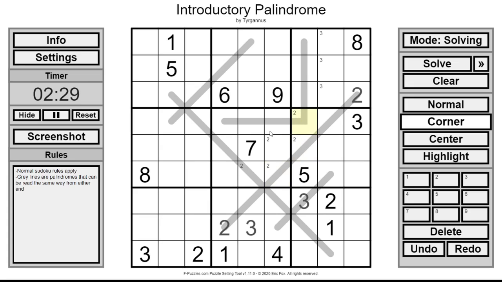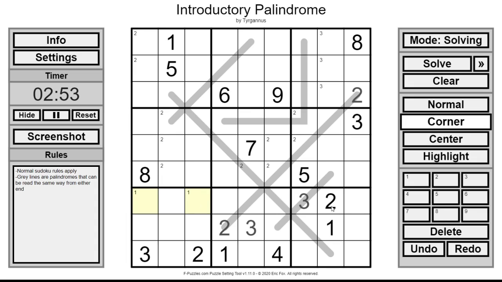This 2 is in the middle, so there's also no restriction. That 2 and that 2 give us that by Sudoku. All these are possible, so I'm not going to bother denoting that. The other repeating number is 1s.